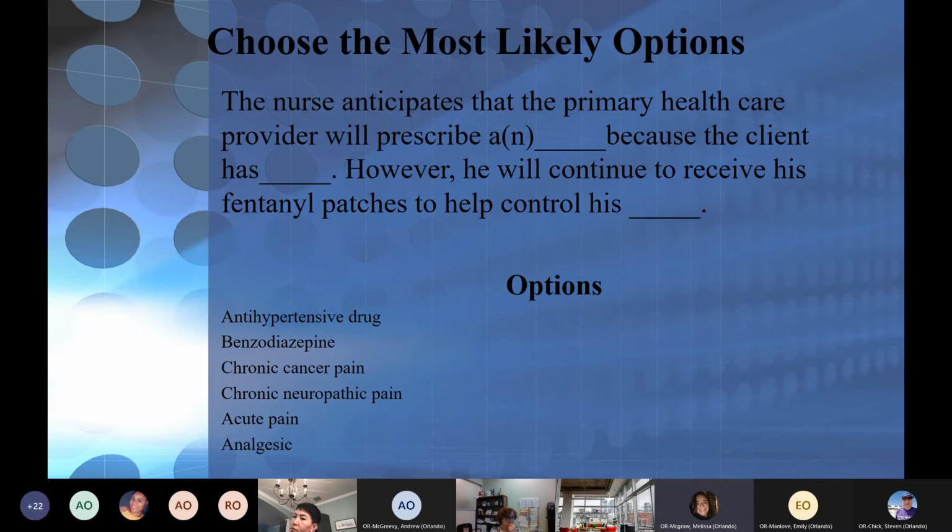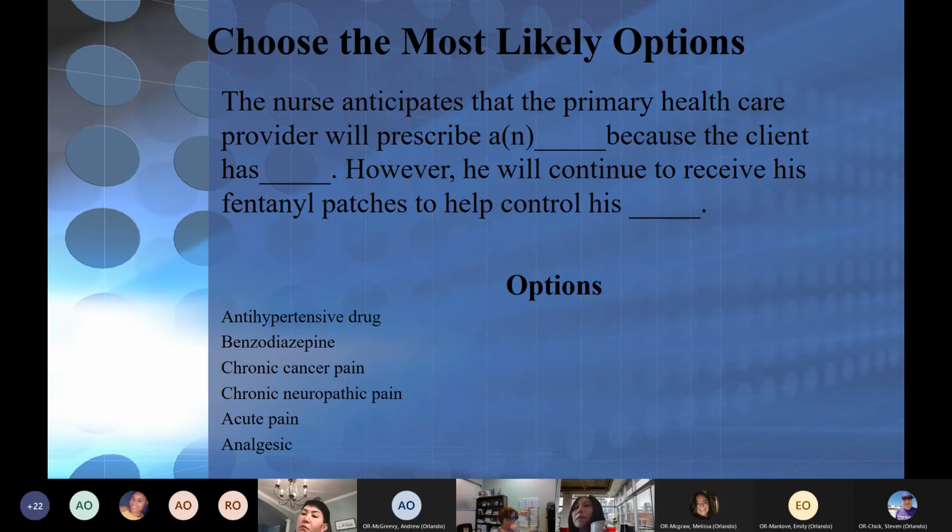All right, I think the first one is an analgesic. Okay. Because the client has, is it neuro? Like pain, maybe?